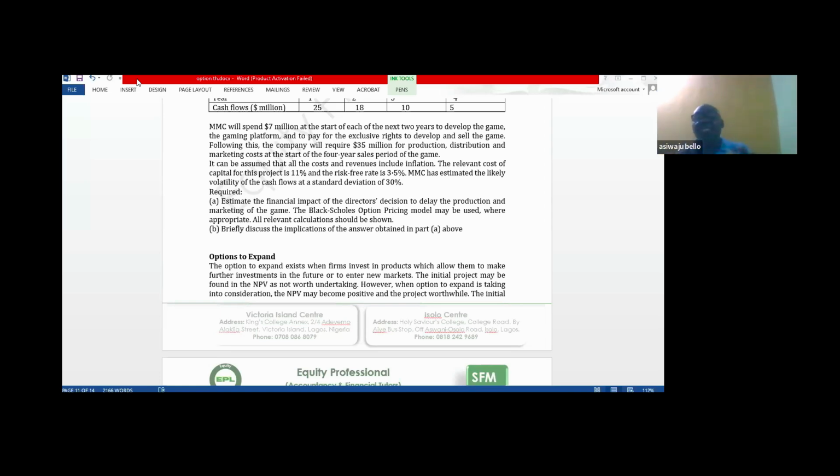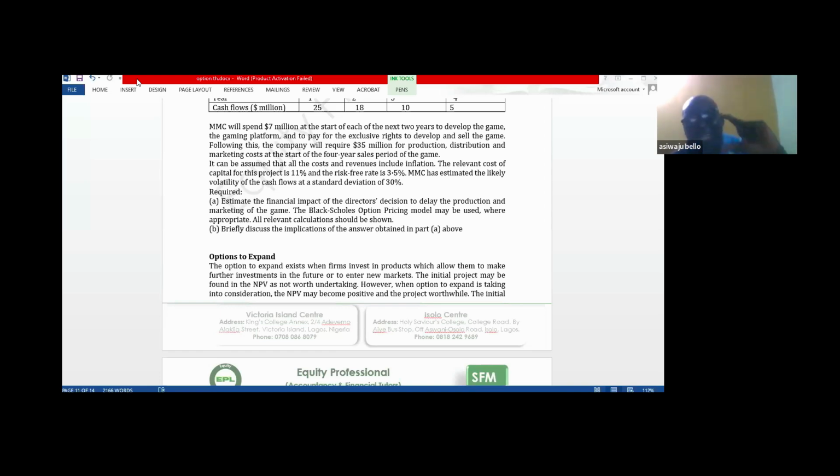Option to expand exists when firms invest in projects that allow them to make further investments at future periods, or the project allows them to expand into other markets.